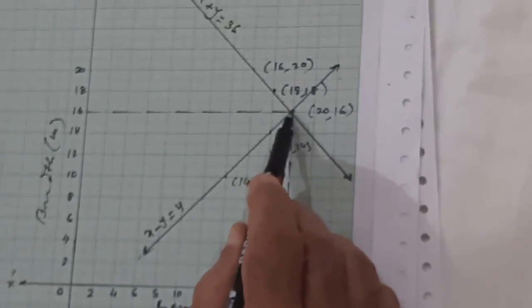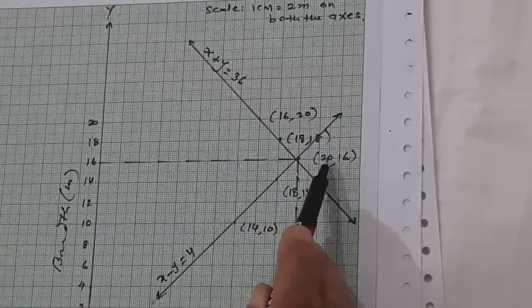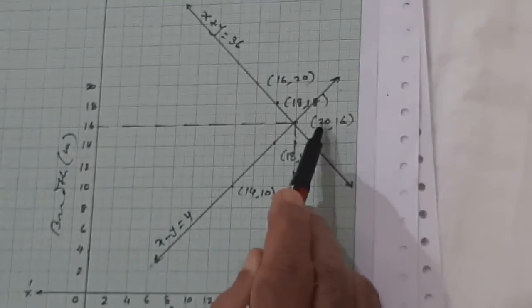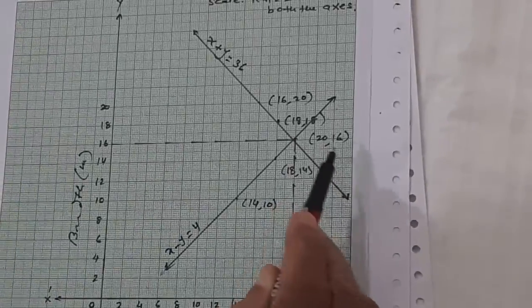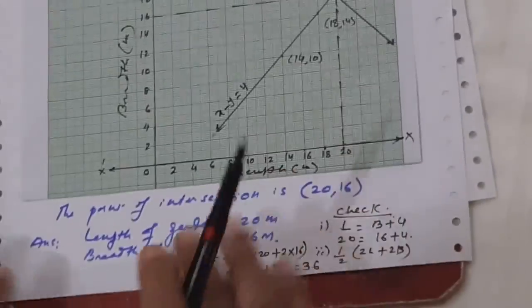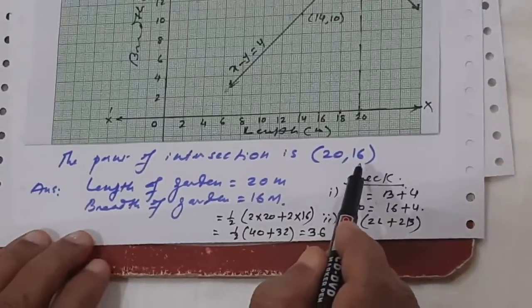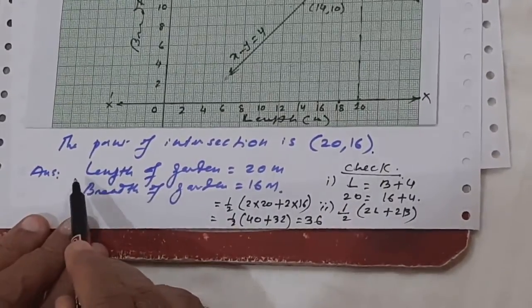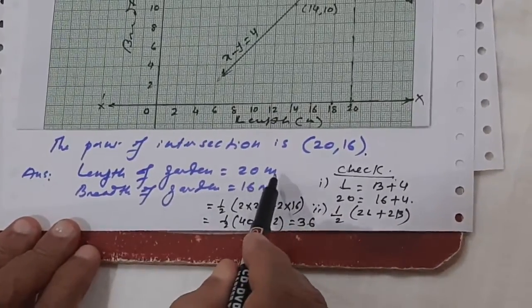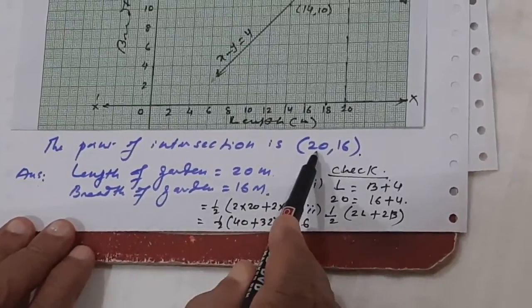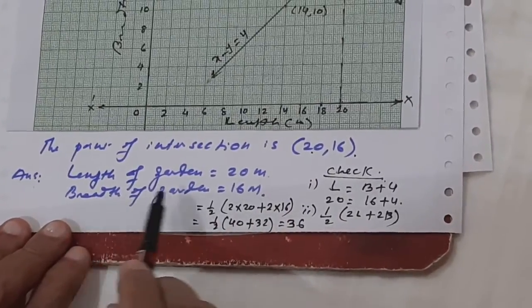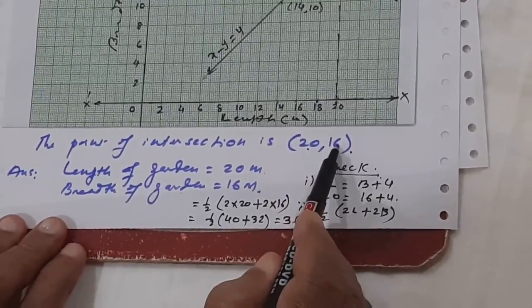So this point is the solution, and as x value is 20, and x means length. We assumed x as length, so it will be 20 meter and 16 meter. Now the point of intersection is 20, 16, hence length of the garden is 20 meter, that is the x value, and breadth of the garden is 16 meter, that is the y coordinate.